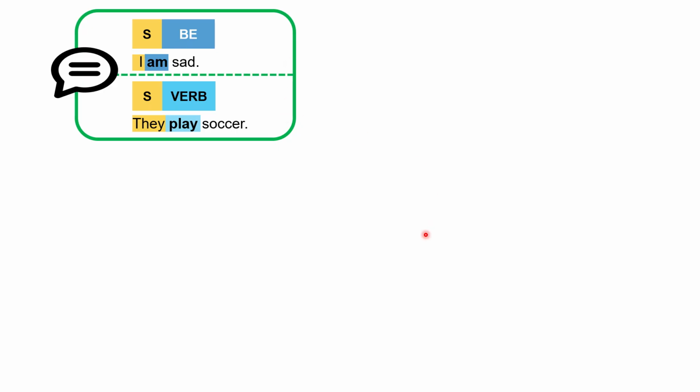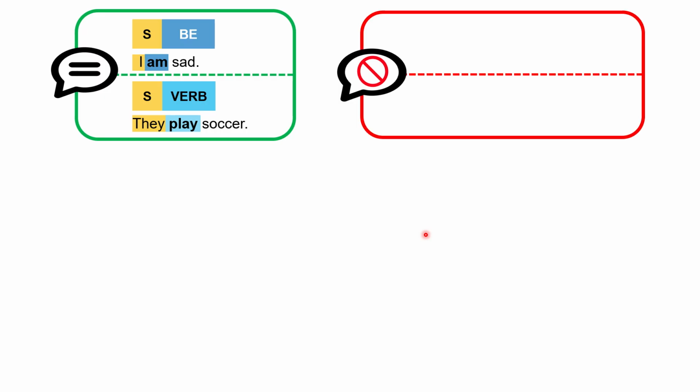For a negative statement, it's different with the be verb and other verbs. For the be verb, we just add not. I am not happy.